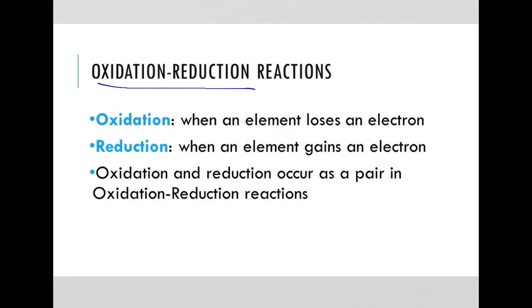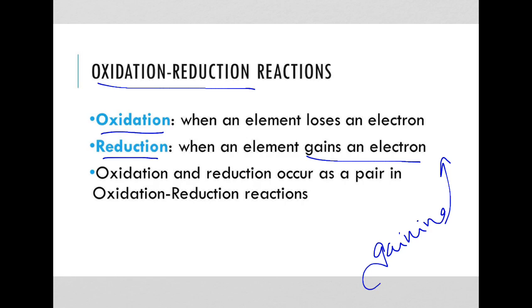Oxidation-reduction reactions are interesting. An oxidation reaction is when an element loses an electron. We'll call it oxidized. And a reduction happens when an element gains an electron. And that makes sense because you're gaining a negative, okay? You're being reduced, hence reduction. You're gaining that electron.